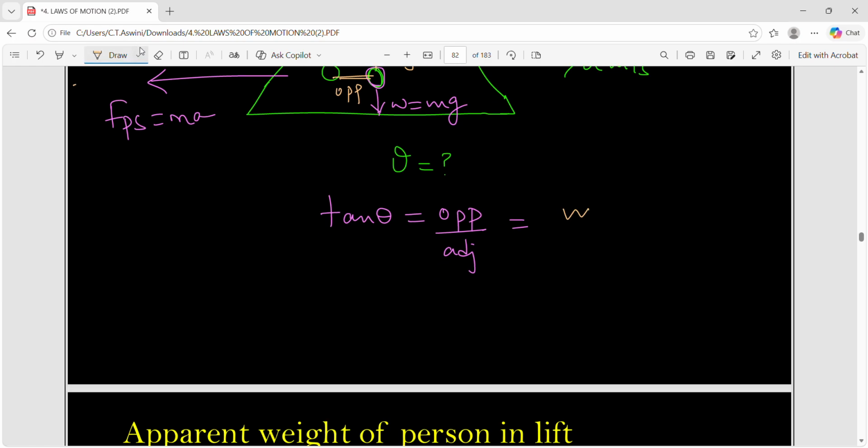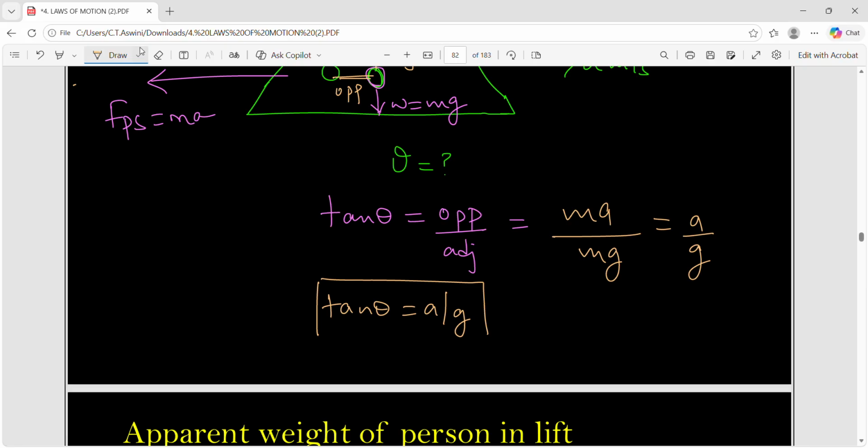Just substitute here. Pseudo force is m into a, and adjacent side weight is m into g. So m gets cancelled, you'll get a by g. So tan theta is a by g, and theta is tan inverse of a by g. So remember this. And what will be the acceleration of the car? Suppose they give you the angular displacement, the theta value.